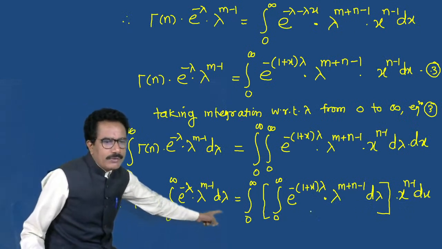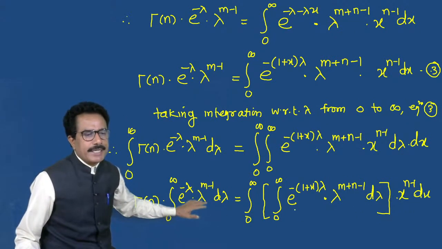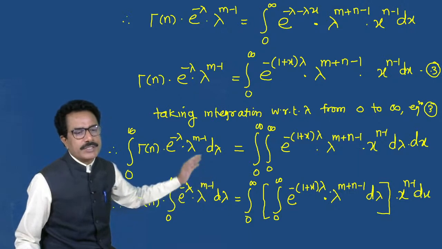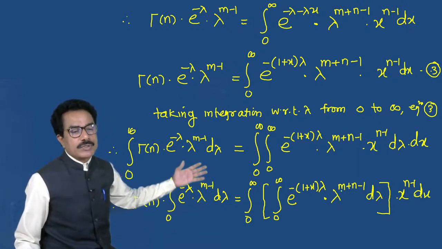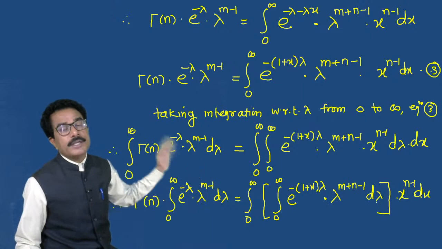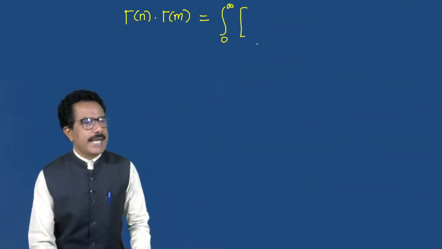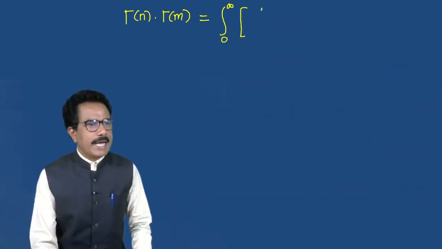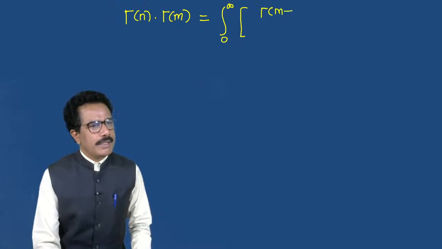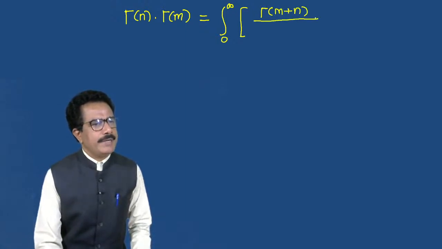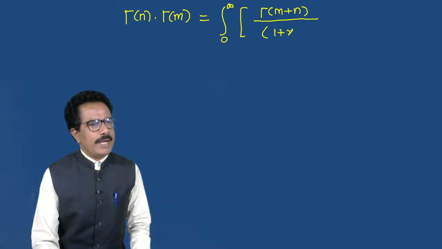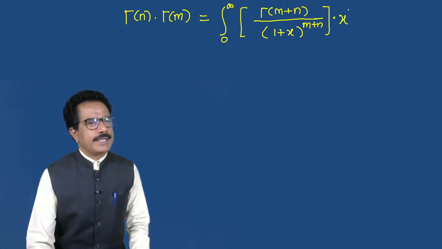So we can write the integration in the bracket, e raised to minus (1 plus x) lambda raised to m plus n minus 1 into d lambda. That can be written as gamma of m plus n divided by (1 plus x) raised to m plus n, into x raised to n minus 1 dx as it is.